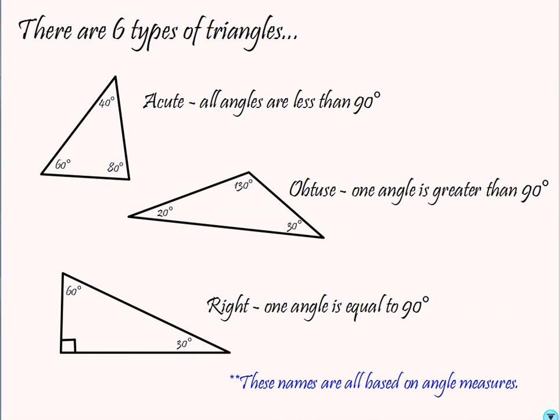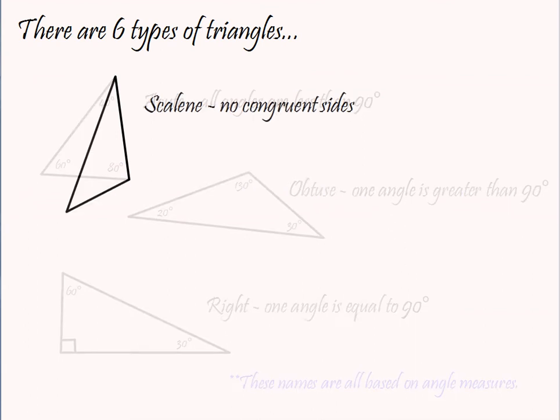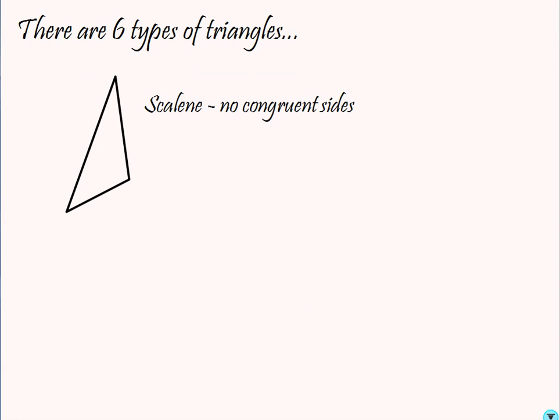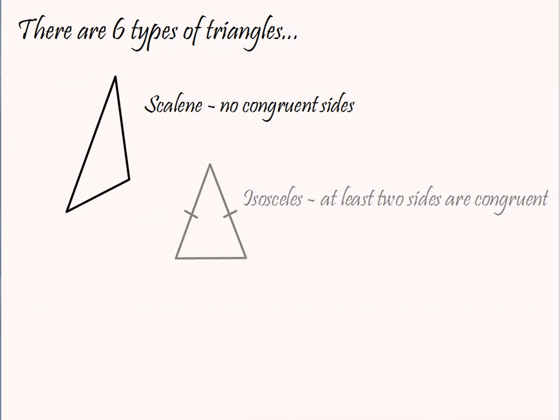But then we have some more triangles where the names are based on something different. We have triangles called scalene. Scalene triangles have no congruent sides. All 3 sides are different lengths. Then we have an isosceles where at least 2 sides are congruent.